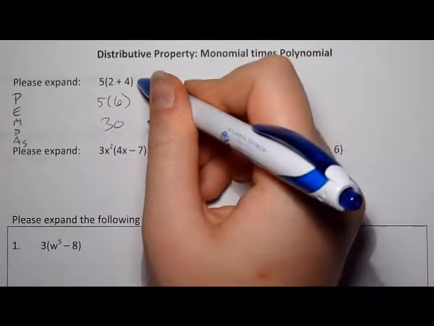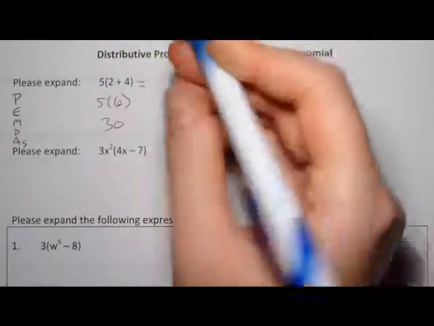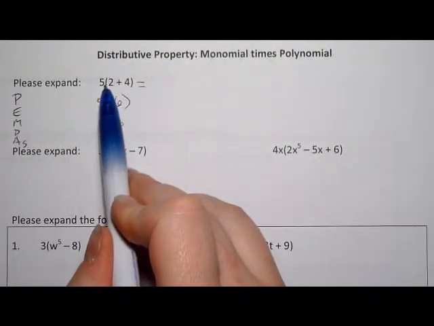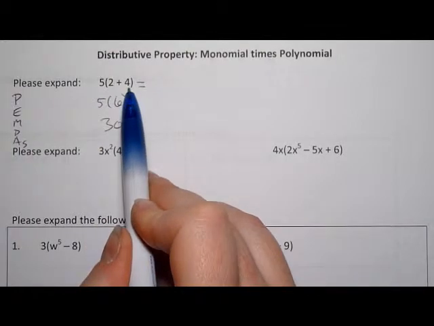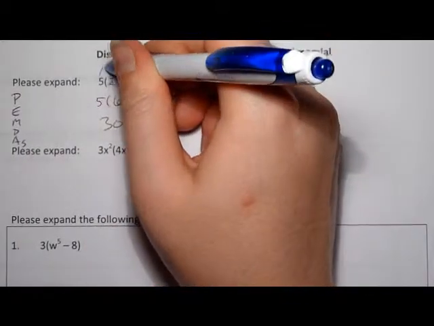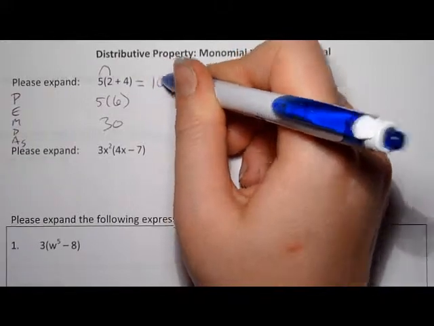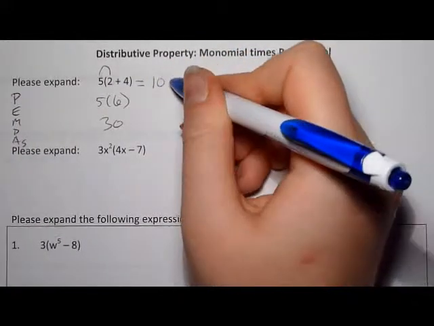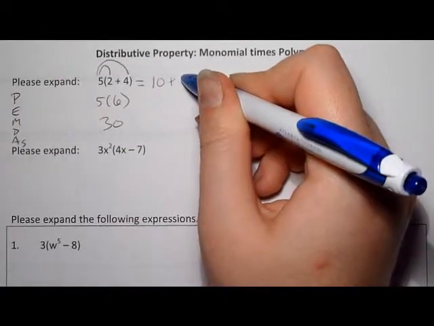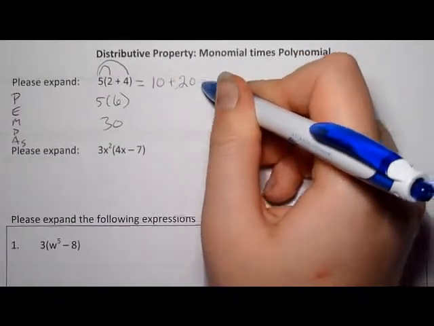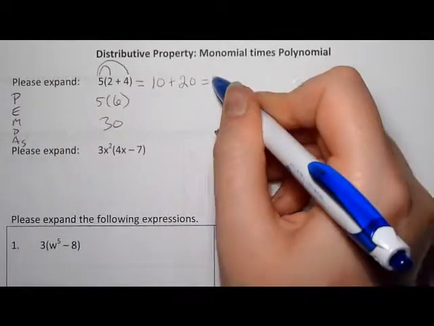If I distribute, this is 5 times 2 and 5 times 4. So 5 times 2 is 10, and I'm going to add to that 5 times 4, which is 20. 20 plus 10 is 30.